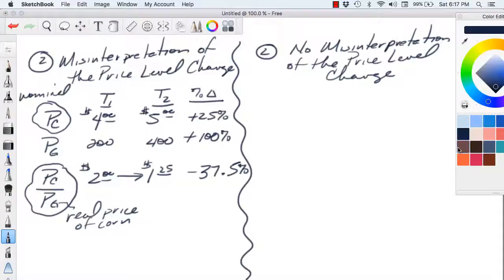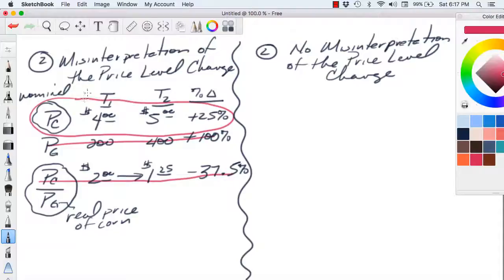okay, the farmer may be inclined to produce more. So let's say the farmer doesn't know this, and is focusing only on this. The farmer is focused on what? The farmer is focused on nominal prices, but not on real prices.